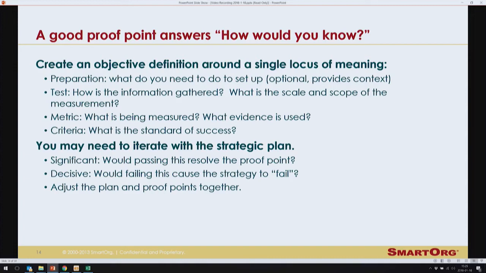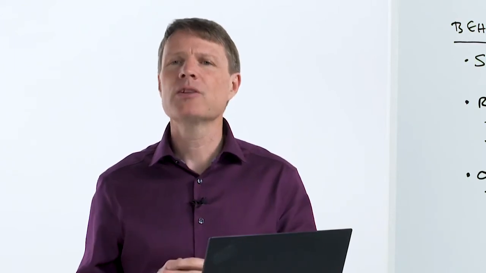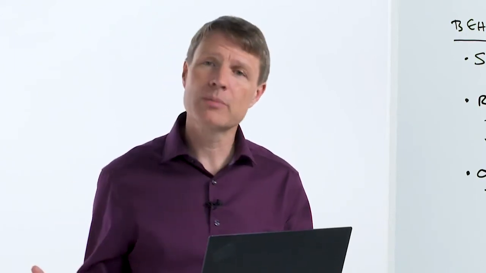The second thing is the test. What information is actually gathered? What's the scope and scale of this information? So here we're talking about 1,000 return users. The metrics, what's being measured. Here it's how many come back, and in particular how much they spend. It's the purchase behavior. And finally the criteria. What is the standard of success? How high do you have to go?